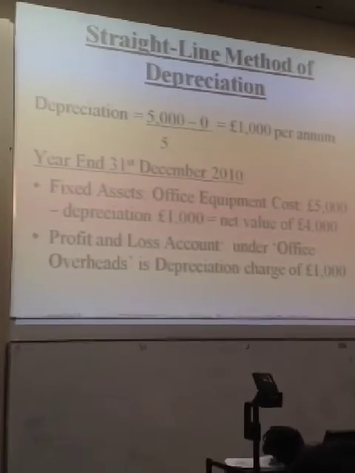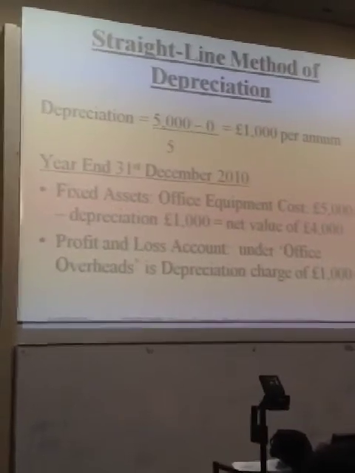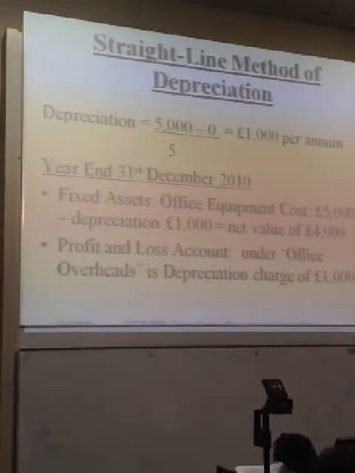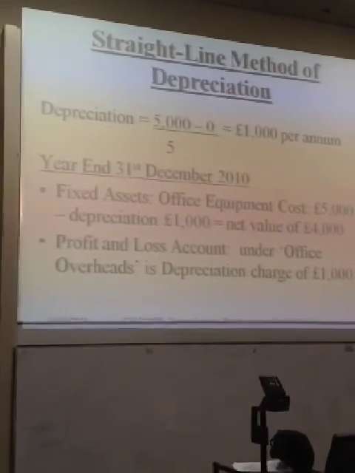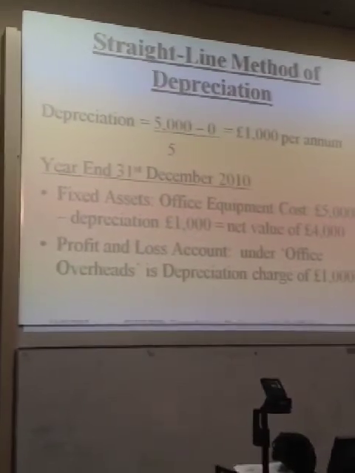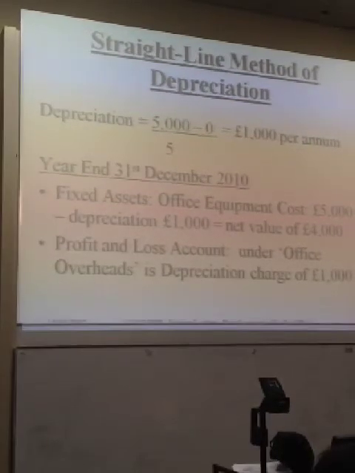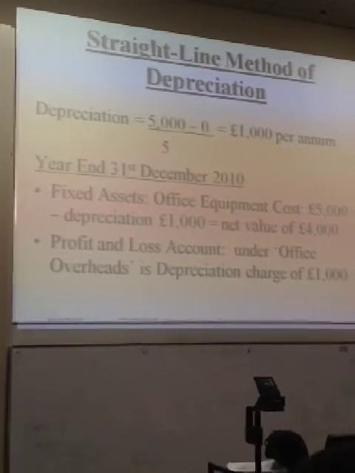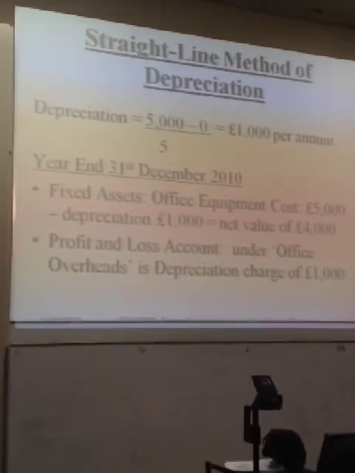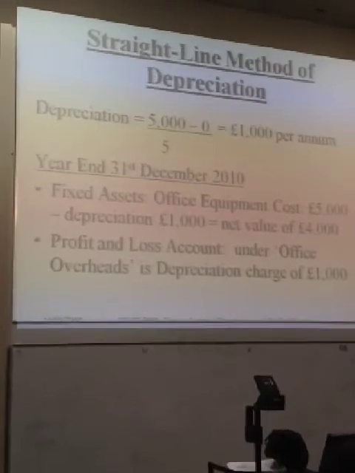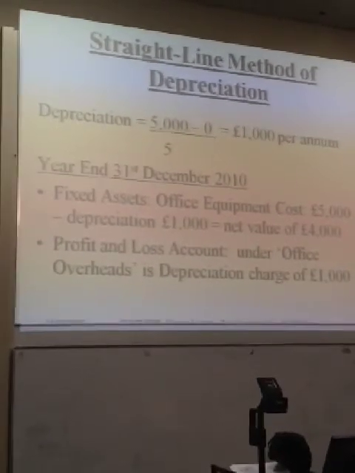It's straight line depreciation. You're writing off the same amount each year. So at the end of 2011, what's the net book value in the balance sheet? 3. How many of you think this gentleman's correct when he says 3,000? Yes, it is 3,000. And then in 2012, it will be 2,000 because you just write off another 1,000.